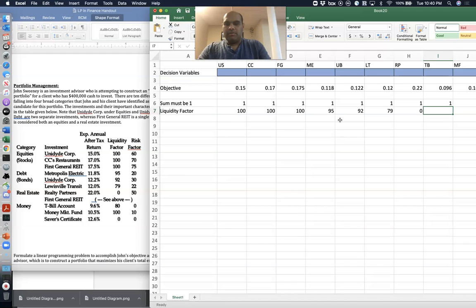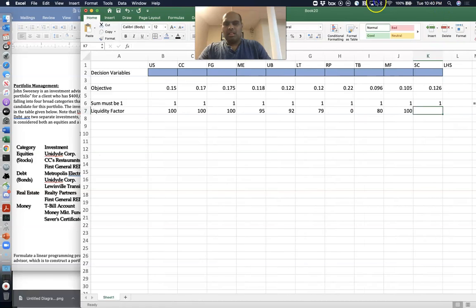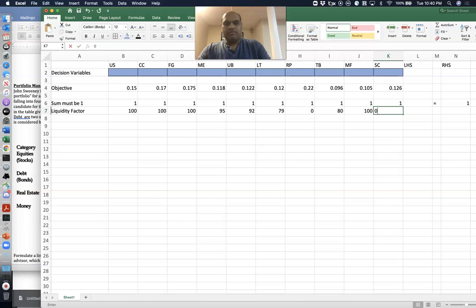Then the T-bill account is 80. Money market fund is 100. And saver certificate is 0. This has to be greater than or equal to 65. So that's the liquidity factor constraint.